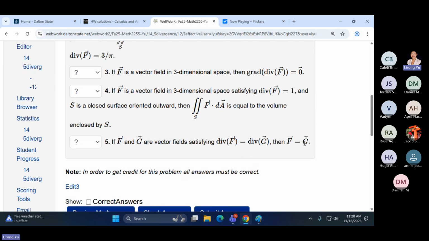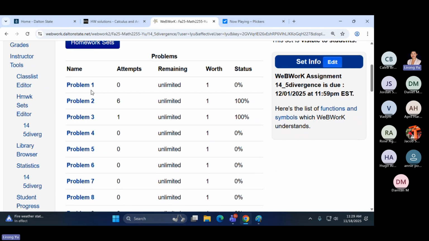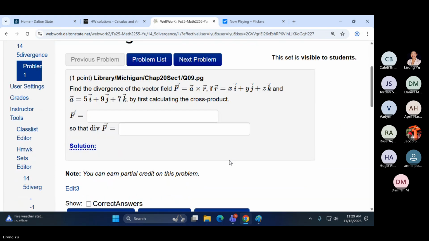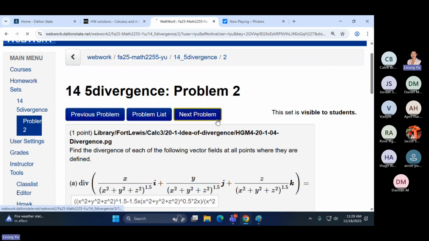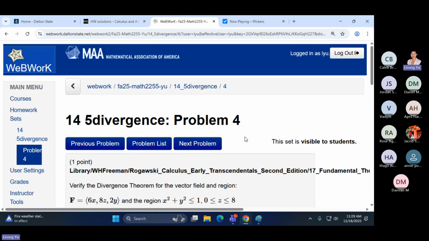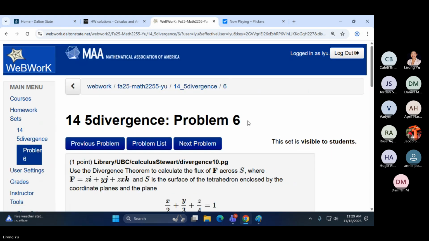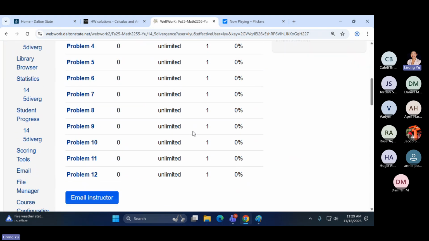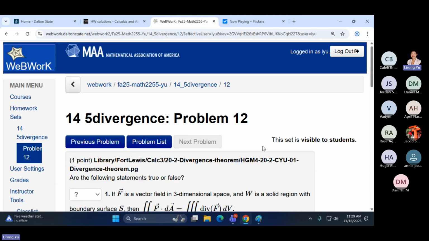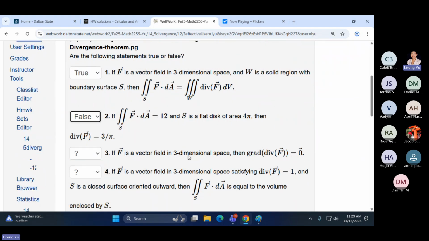I know the divergence of the curl equals 0. We talked about that result in 14.6. But this question really, I think that was false.